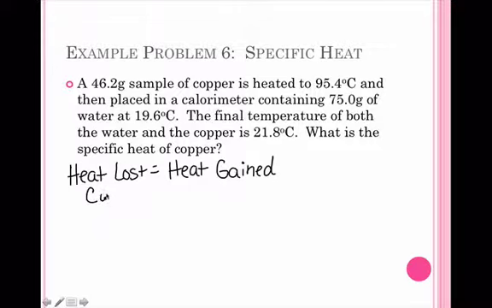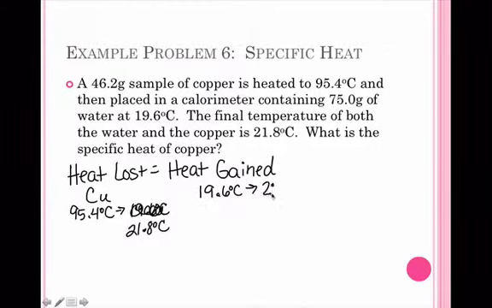The copper is starting at 95.4 degrees Celsius, and it's ending up at 21.8 degrees Celsius. The water is starting at 19.6 degrees Celsius and it is ending up at 21.8. So the water is gaining the energy from the copper. It's flowing from the copper to the water.